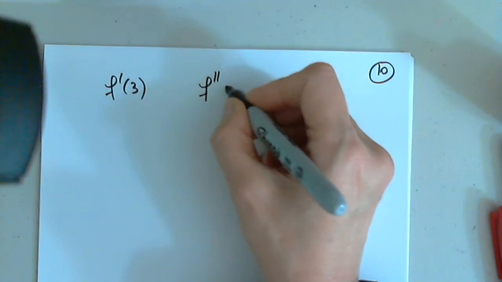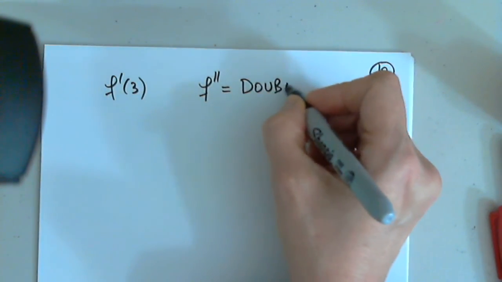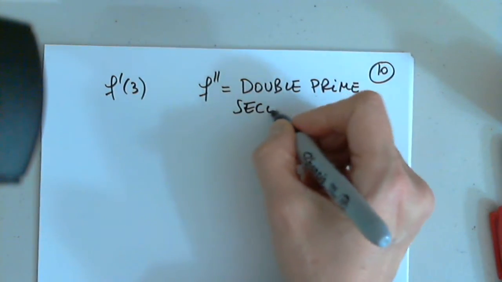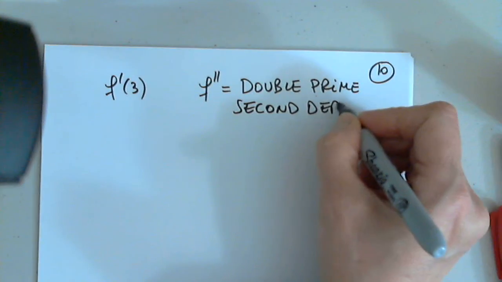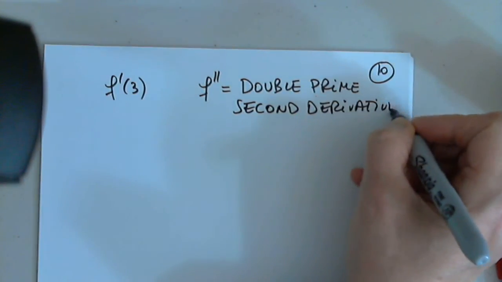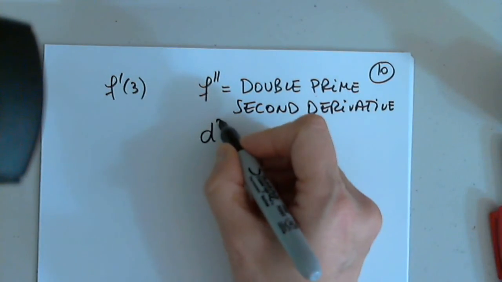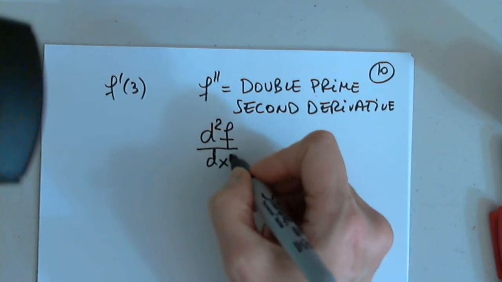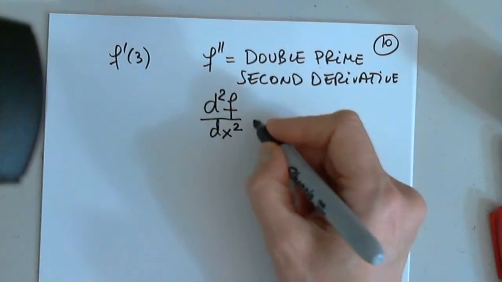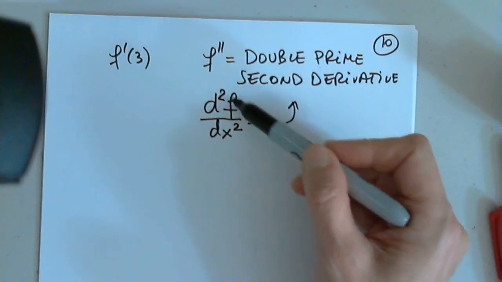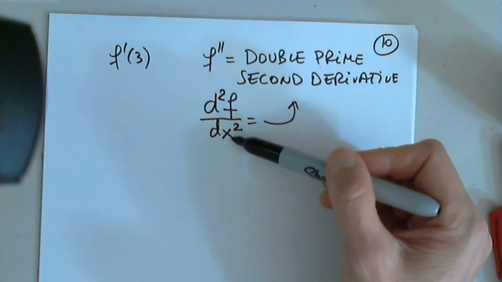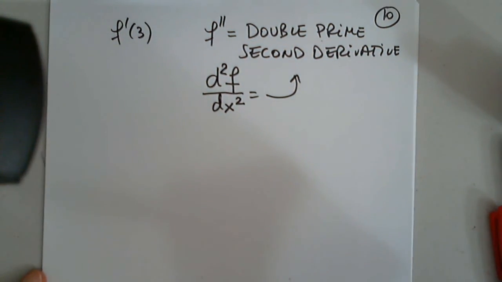So this is either double prime or second derivative, or d2f over dx2. Same thing. d2f over dx2, the second derivative of f with respect to x. Or the f double prime.